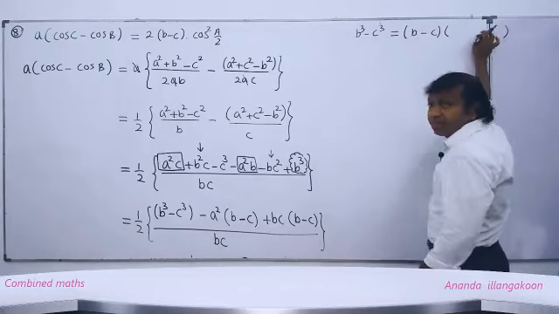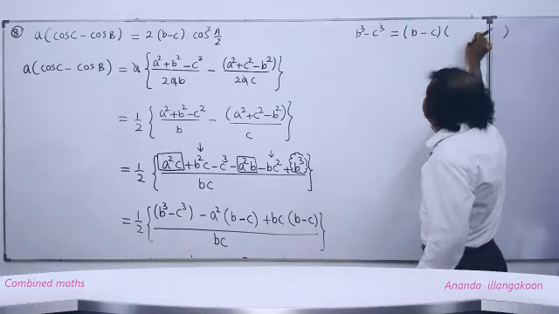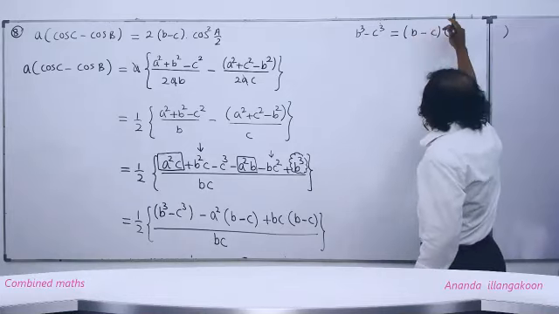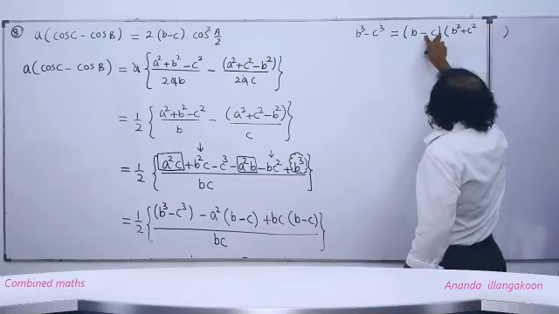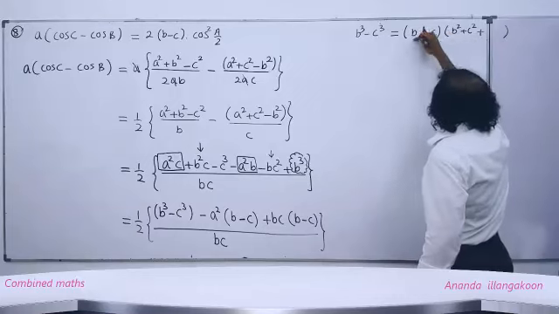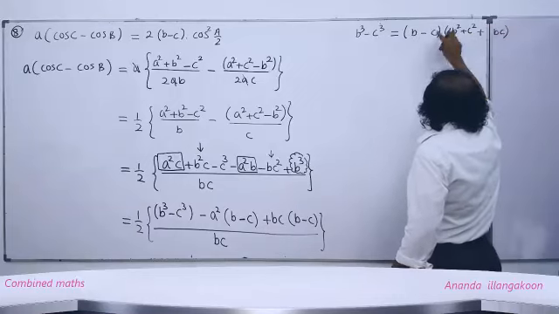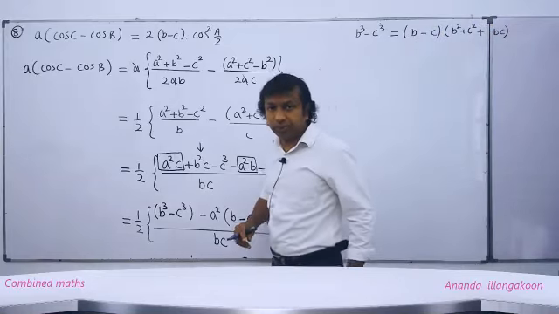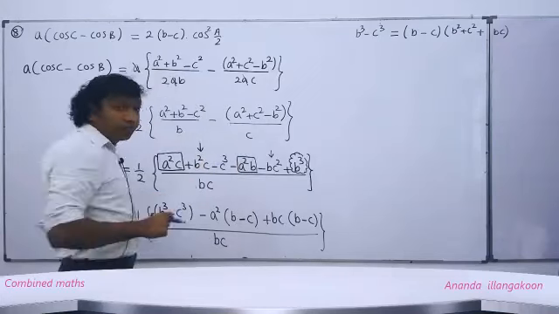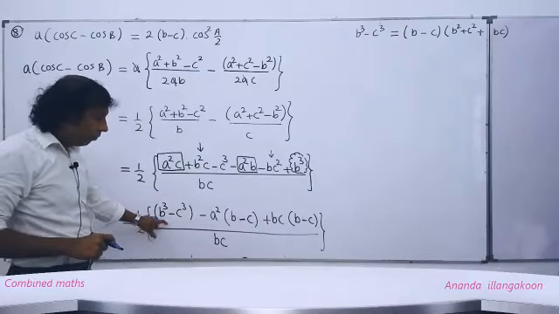Then the second bracket, the second factor. How to write that? Very easy. Square this, and take the opposite sign of this plus, and multiply these two, only BC. Understood? So these are the factors of difference of two cubes. I write that clearly.